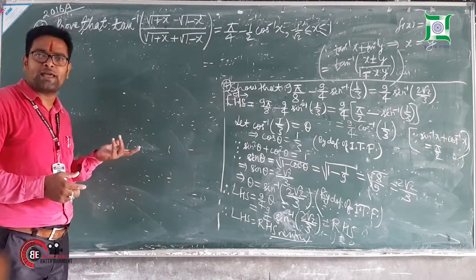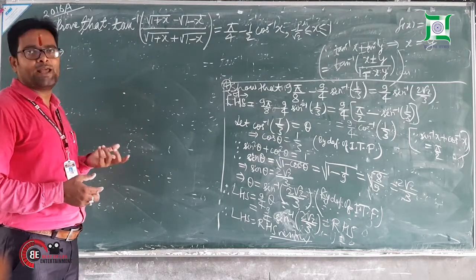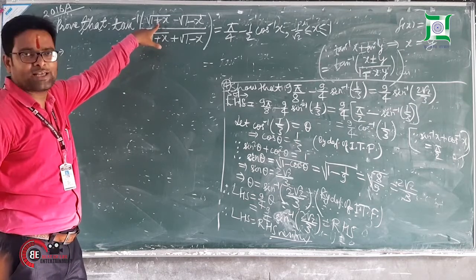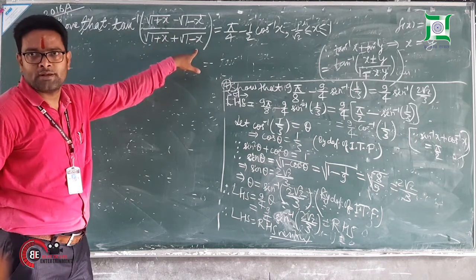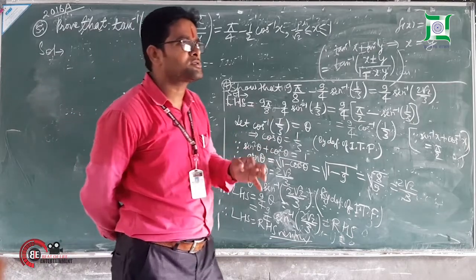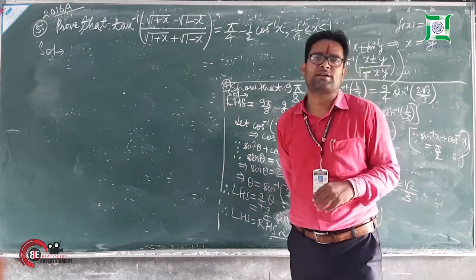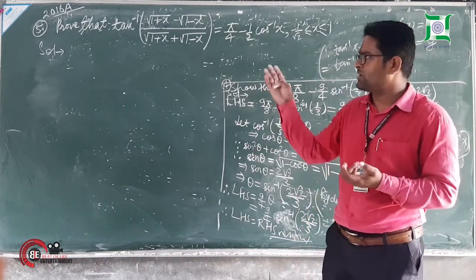So either you can apply by putting x equal to cos 2 theta or cos theta. Why will you apply it? Because while doing that, if you take the square root, you will get cos here, sin here, cos here, sin here. And dividing the numerator and denominator both by cos, you can easily get an expression in the tangent function of x, and then you can easily convert it. Okay everyone? So let us see.